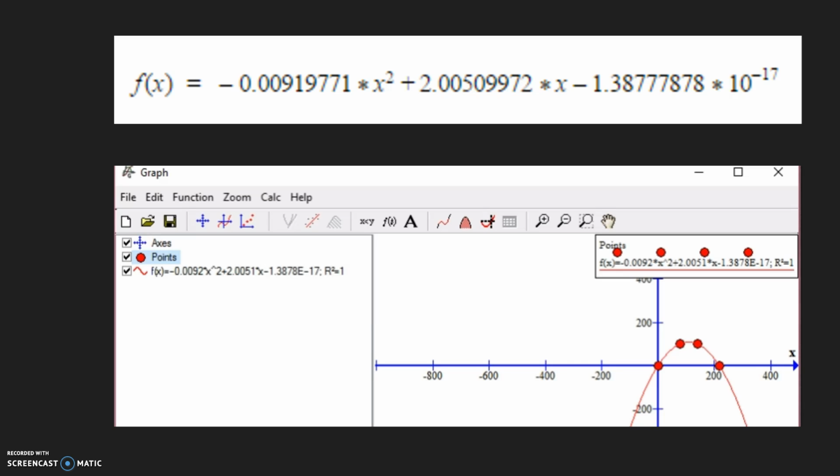In the first image, you can see the quadratic regression equation, and in the second image, you can see a visual representation of the 4 points as well as the quadratic regression line that comes with it. It was helpful for me to visualize all of the points and their relation to one another, as well as the model line that connects all of them together.